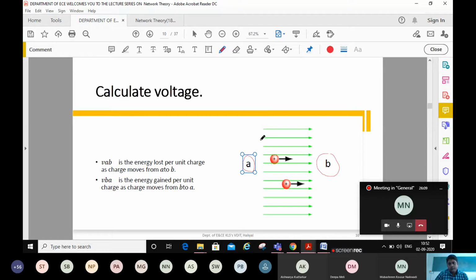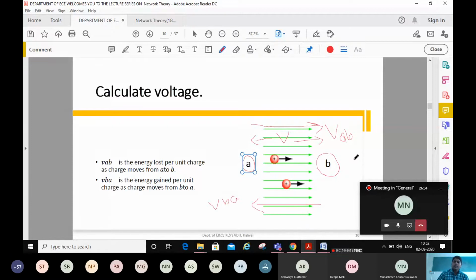If you are calculating from point A to B, that is termed VAB. But if you are calculating the voltage from B to A, this is written as VBA.